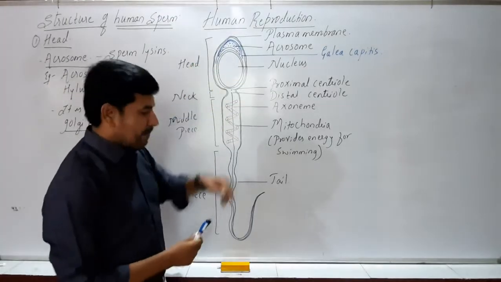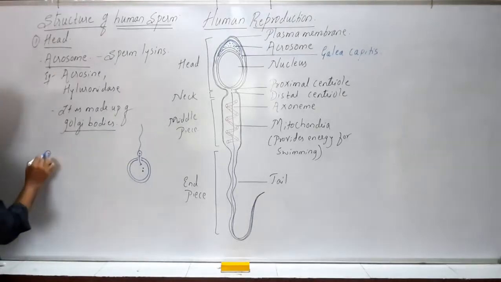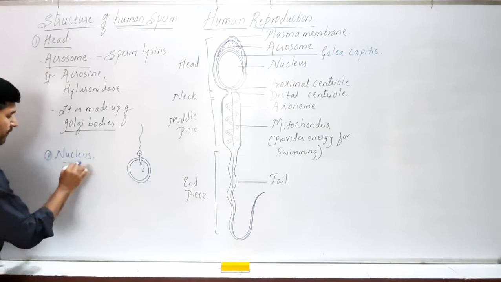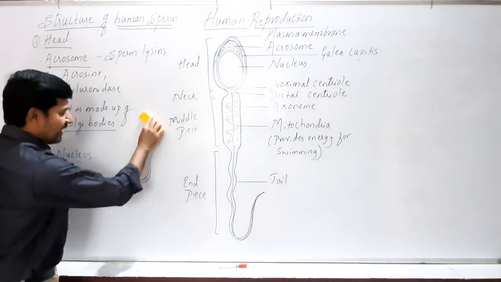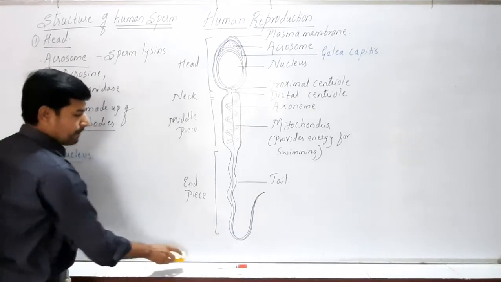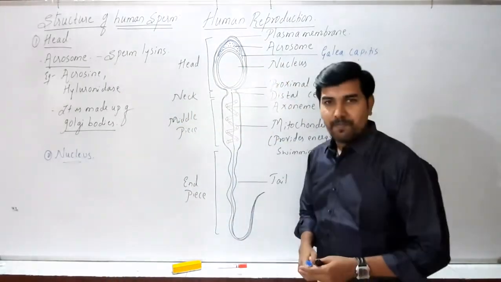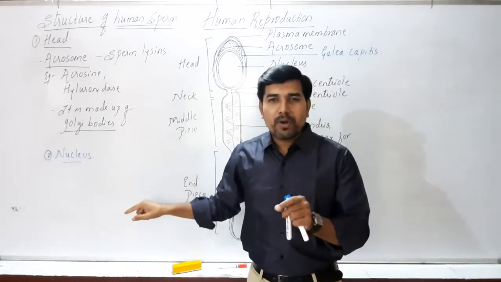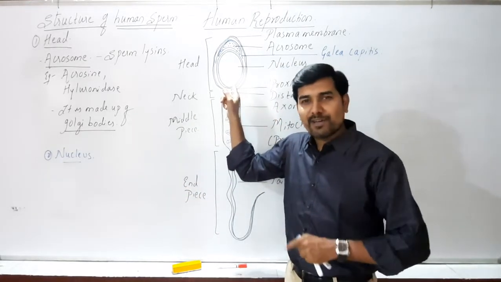Then let's go to the second part. The second part is the nucleus. Now the nucleus is present in the head part of the sperm. This nucleus consists of the haploid number of paternal chromosomes, the haploid number of father chromosomes.